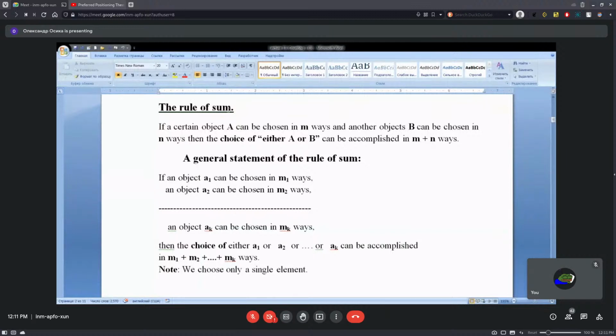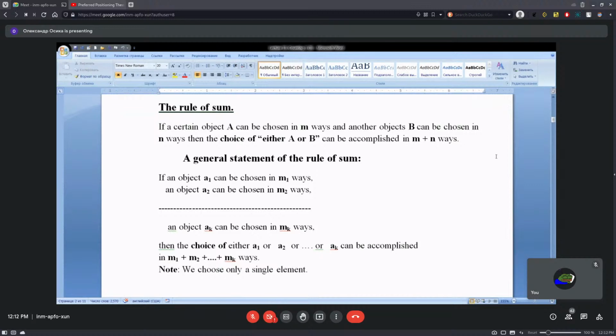The rule of sum. If a certain object A can be chosen in m ways, and another object B can be chosen in n ways, then the choice of either A or B can be accomplished in n plus m ways.